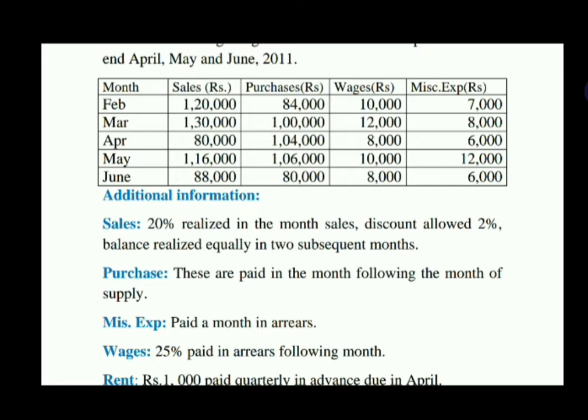Discount will be allowed for the cash sales only. The balance is realized equally in 2 subsequent months. 20% are cash sales and the remaining 80% are credit sales. The remaining 80% credit sales will be realized equally in 2 subsequent months, that is the next month and the month after that.